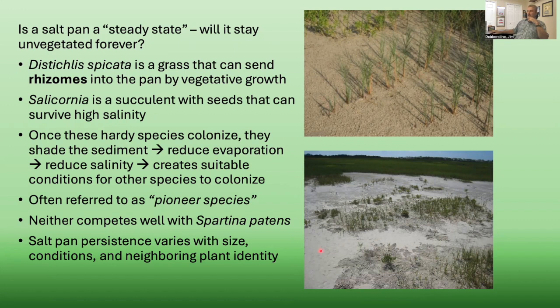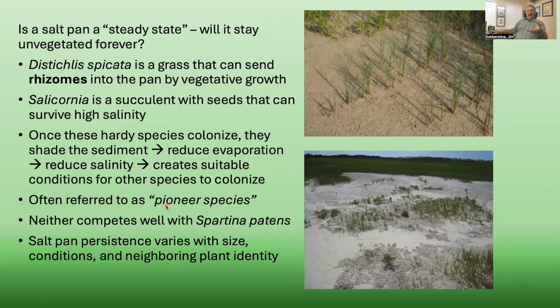So here you're seeing some Salicornia down here. These species are often referred to as pioneer species because they can colonize very harsh environments that traditional herbaceous plants can't really do because the soil is either too toxic or there's not enough of it there to be able to colonize those environments. So this is a really good mechanism for them being able to do that.